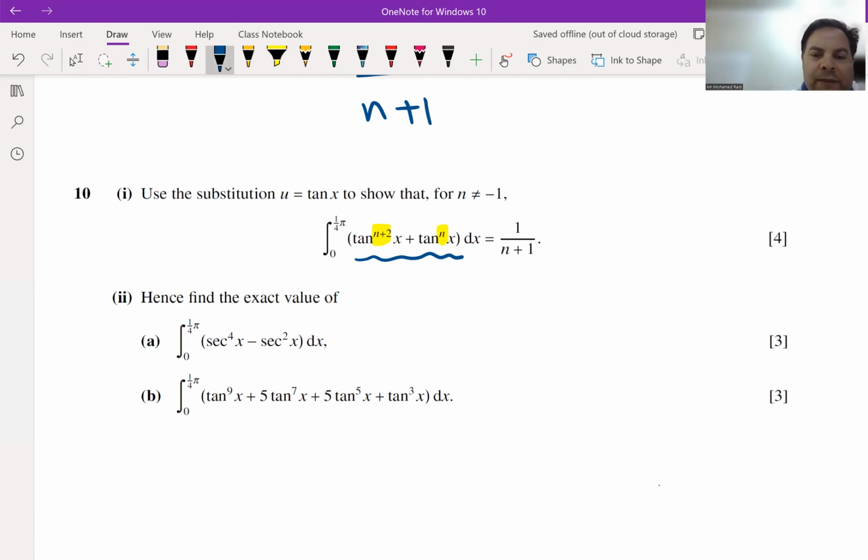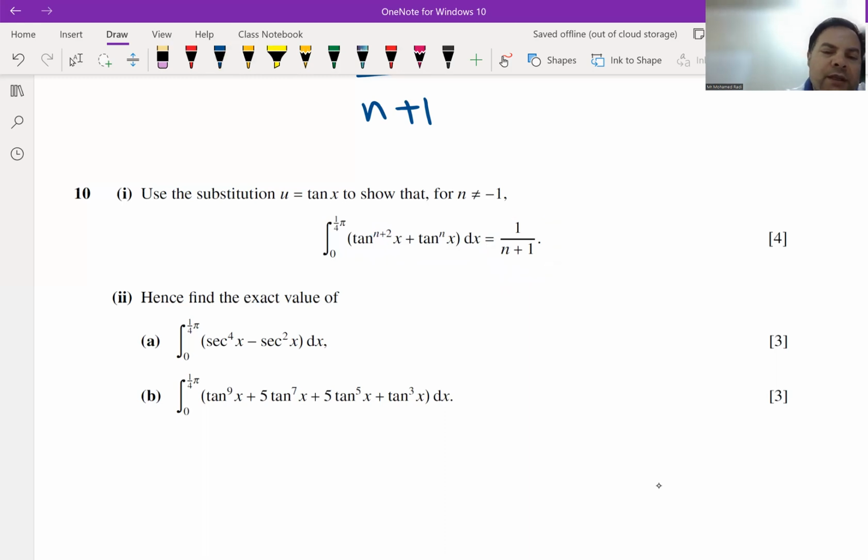Let's say, for example, if n here is 2, this power will be 4, so the final answer, remove n and write 2. Another example, if n here is 3 and this is 5, the answer will be 1 over 3 plus 1. The difference in between is only 2, so just write your answer 1 over n plus 1.